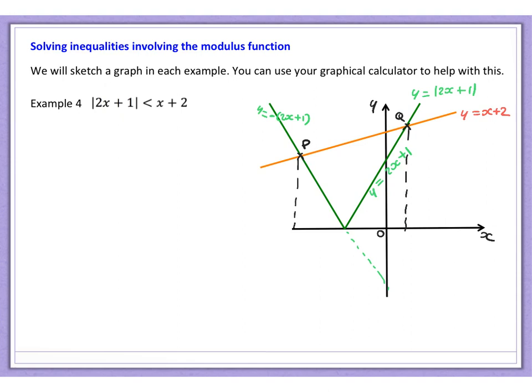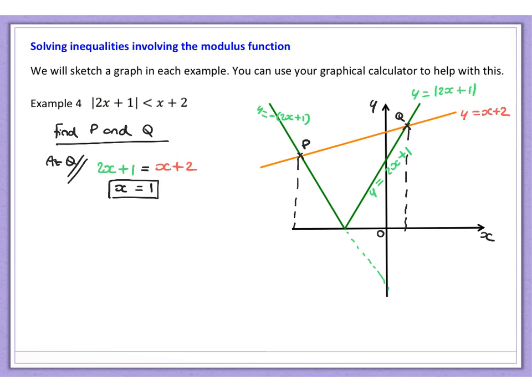Now, let's mark on our 2 points P and Q again, and we're going to find the x-coordinates of P and Q, as we've done in the last 3 examples. So let's start with Q. At Q, we know that the graph of 2x plus 1 is equal to the graph of x plus 2. So solving this very simply gives us x equals 1. So this point here has an x-coordinate of 1.